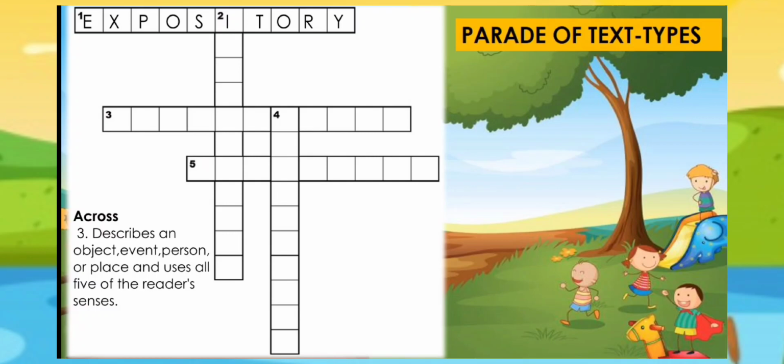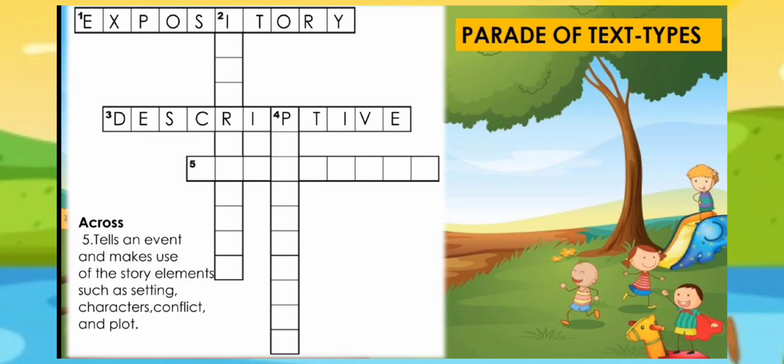Number 3. This text type describes an object, event, person or place, and uses all 5 of the reader's senses. What is the answer to this? The answer is descriptive. Number 5.